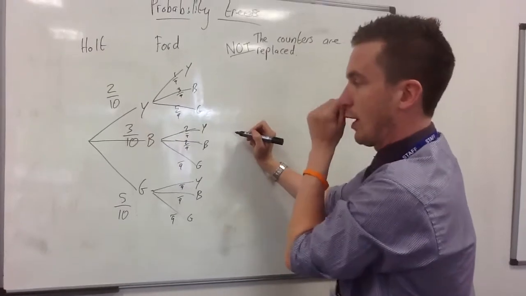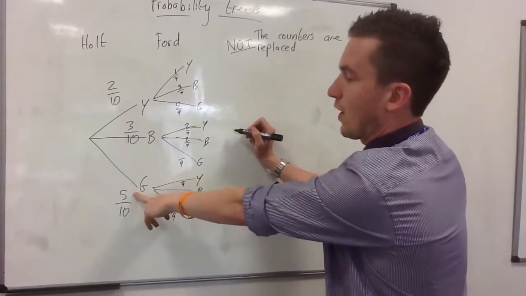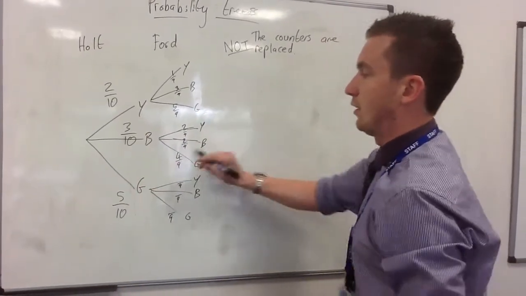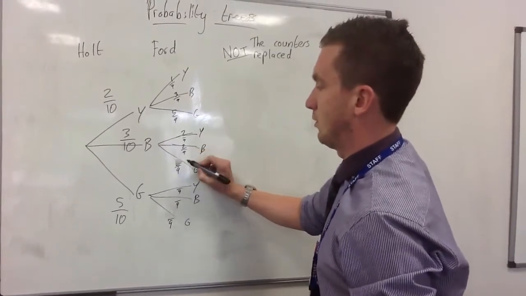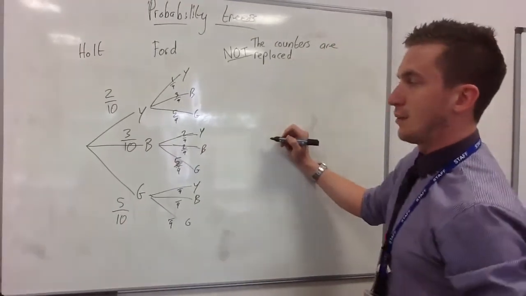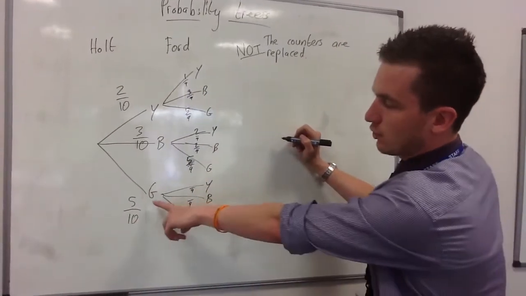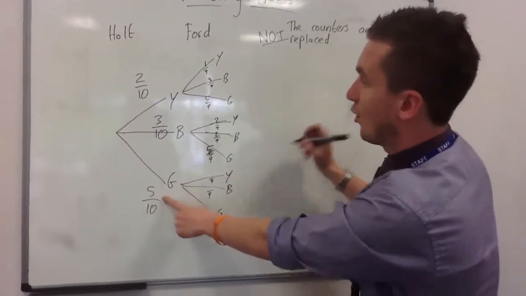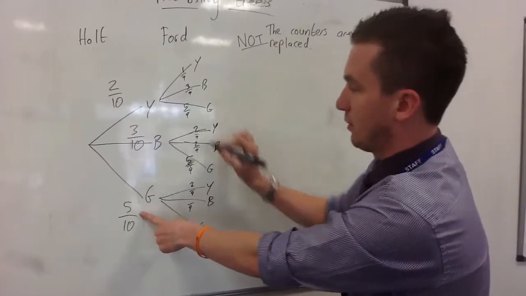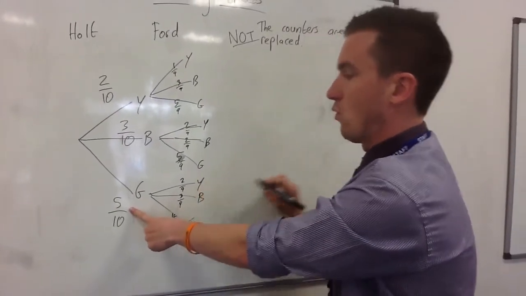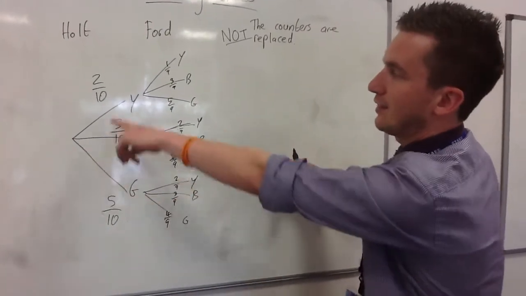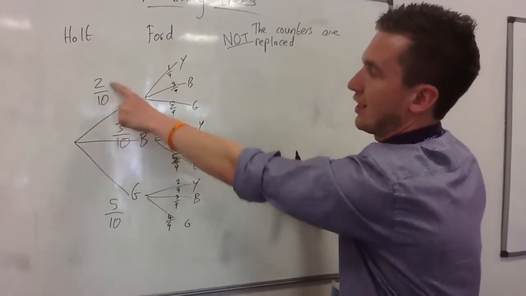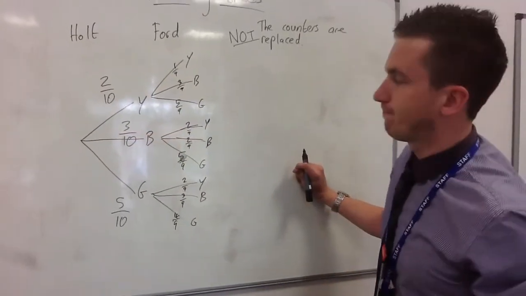There was 3, so 2 left. And there was 5, so there's still 5 greens in the bag. If I was to choose a green in the first instance, there'd still be 2 yellows, there'd still be 3 blues, but now there'd be 4 greens. So you can see that the top number has reduced if I've chosen it.